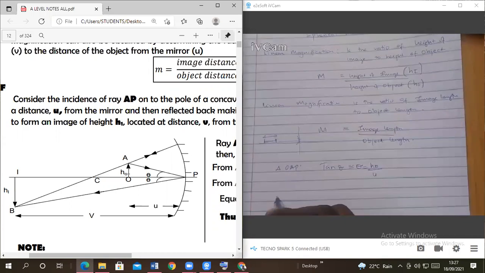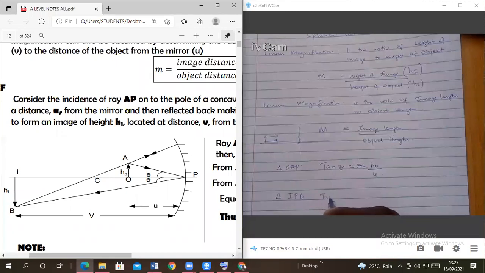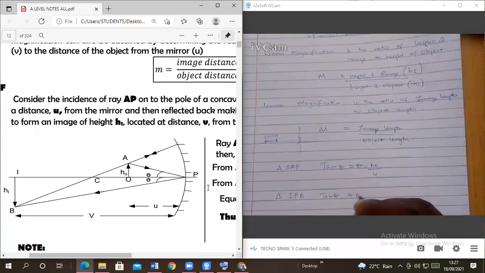And also when you use triangle IPB, the inverted triangle at the bottom, tan theta is approximately equal to theta, and theta is equal to IB, which I'll write as H1 over V.